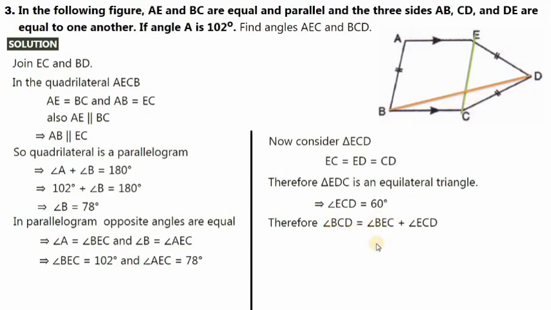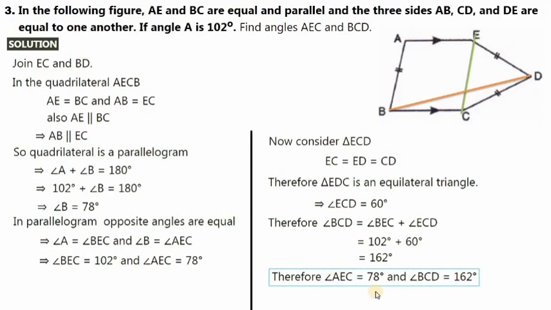BCE is equal to 102, and ECD is 60 degree. So when you add these two, you get 162 degree. Hence the two angles are 78 degree and 162 degree respectively. You may pause the video and note down your solution.